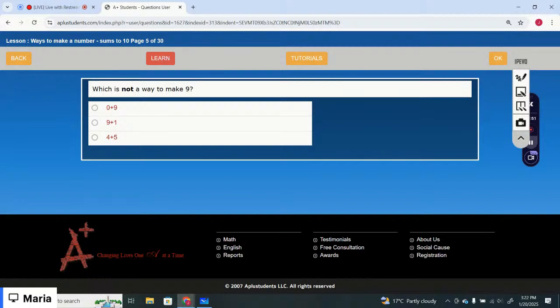Which is not a way to make 9? You don't have to make 9, right? Option number 2 is the correct option because that is the one that makes 10.